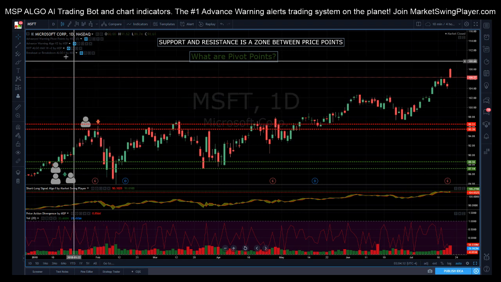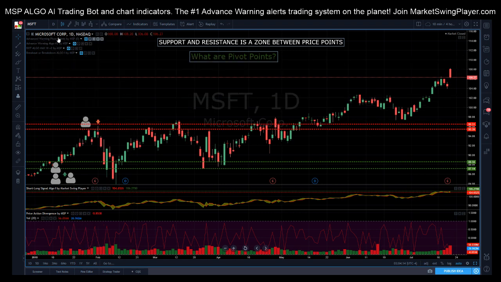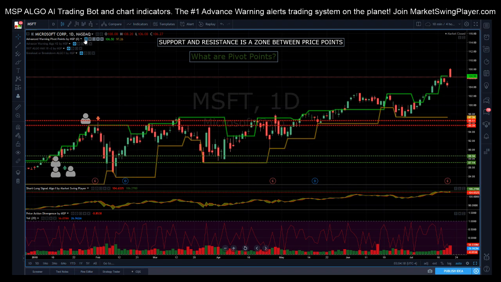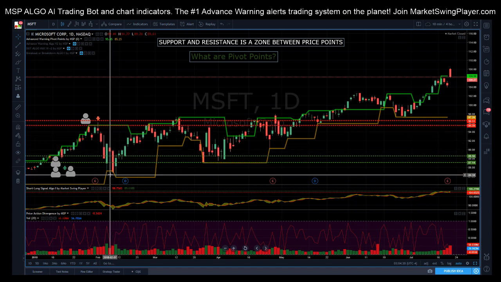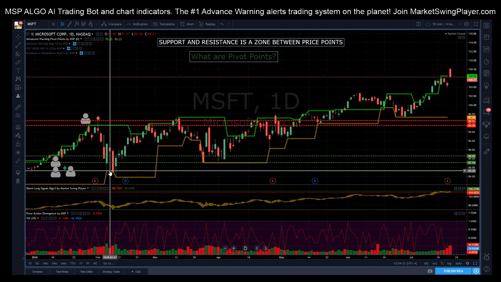So I'm going to turn on the advanced warning pivot points algo here and see where they were created. We have the lime green pivot point, which is a resistance pivot point, and we have the gold pivot point, which is a support pivot point.